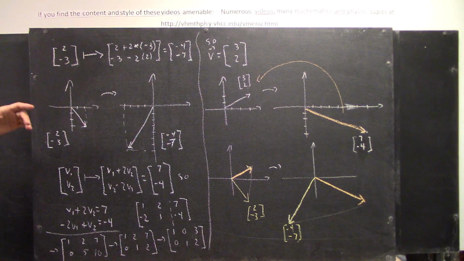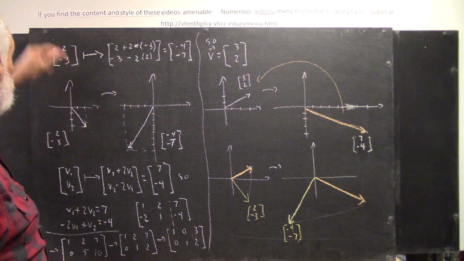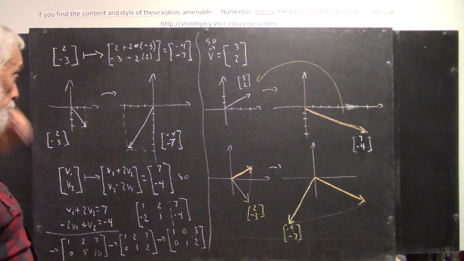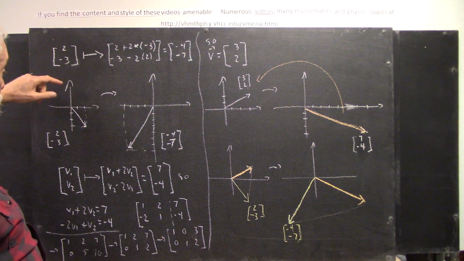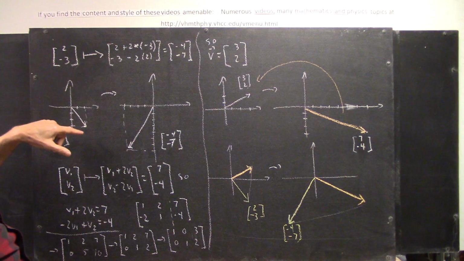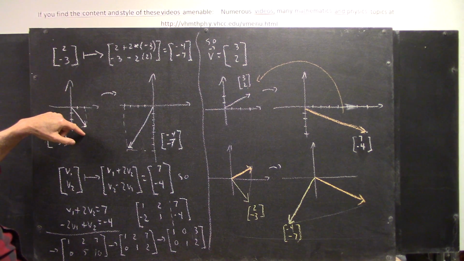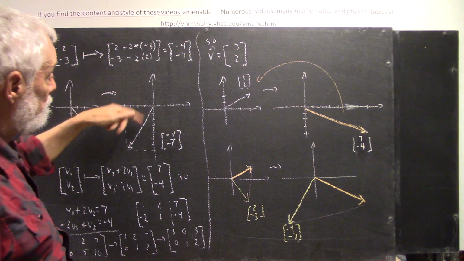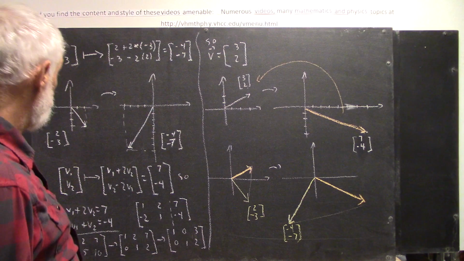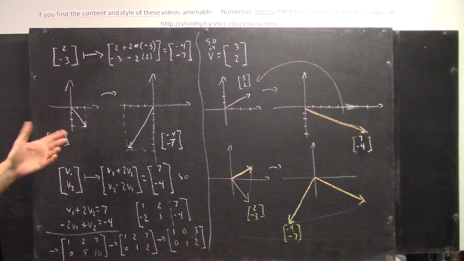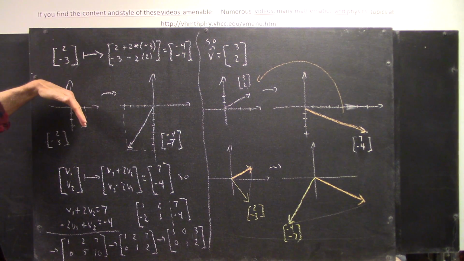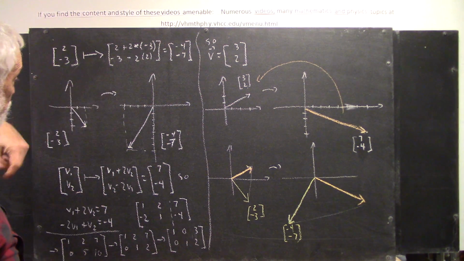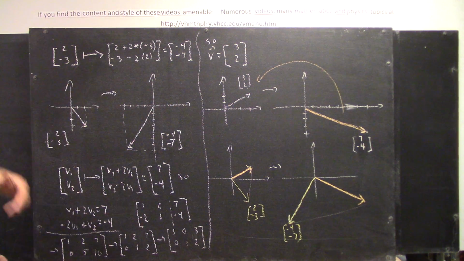Applying that rule to the vector 2, -3, we just plug in 2 and -3 and we get this result, which means that the vector 2, -3 maps onto the vector -4, -7. Now what happens in that mapping? It looks like this vector gets rotated in this direction and lengthened. So it's rotating and it's getting longer.